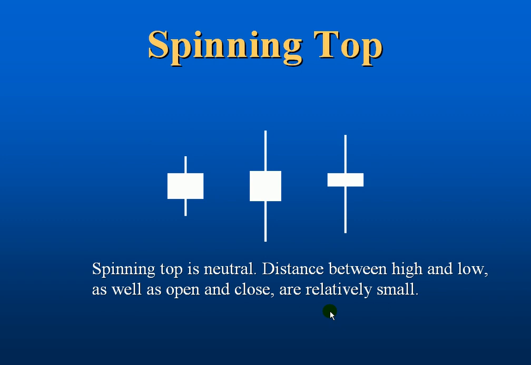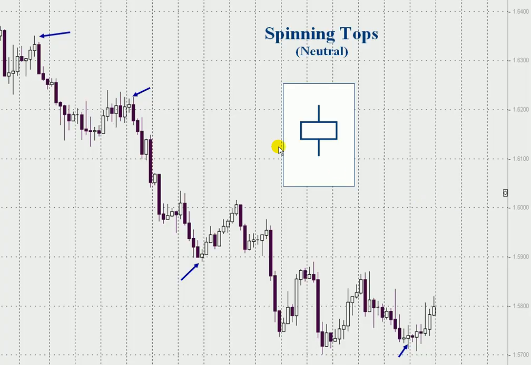Spinning tops, of course, simply represent a neutral stance by the market. Here price moves lower, moves higher, opens and closes within a very distinct range, and these are very common, and we'll see a lot of these, but they simply represent a neutral stance in the market, often found in periods of consolidation.